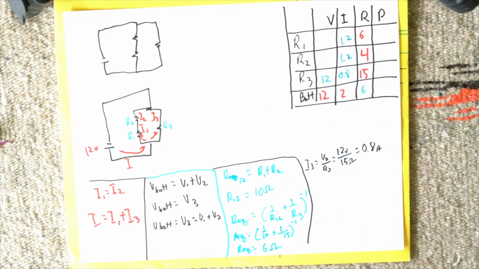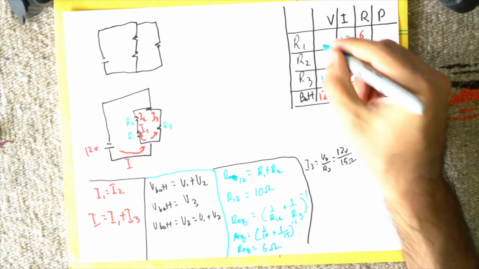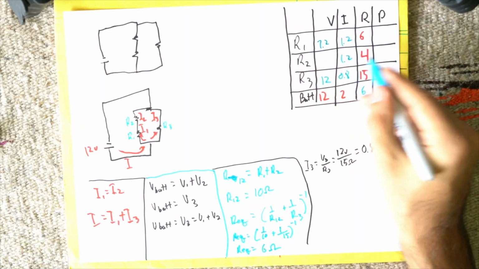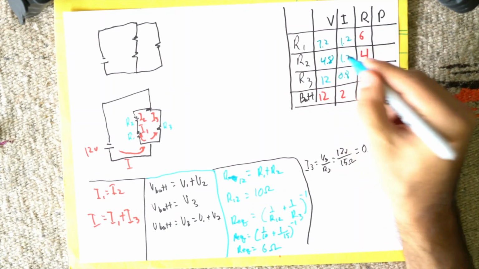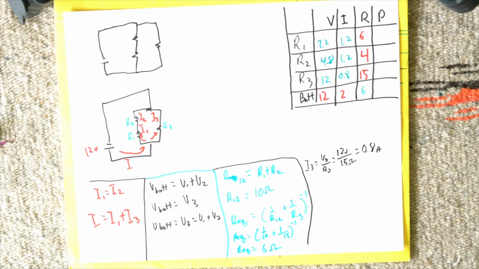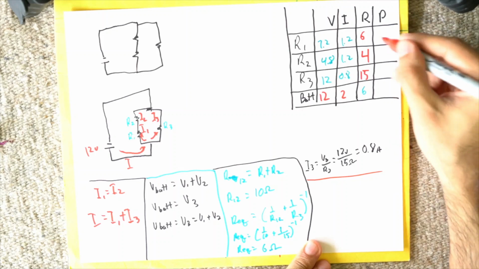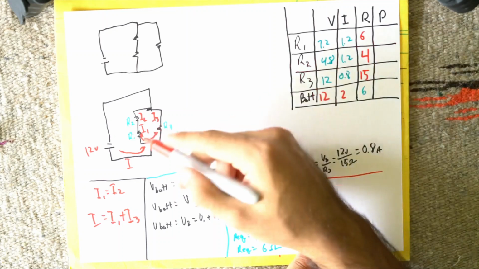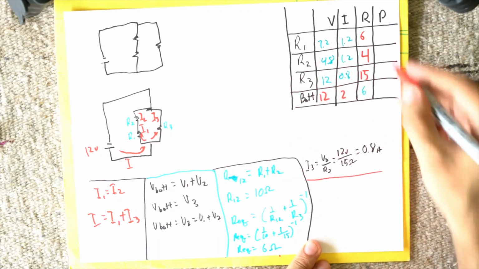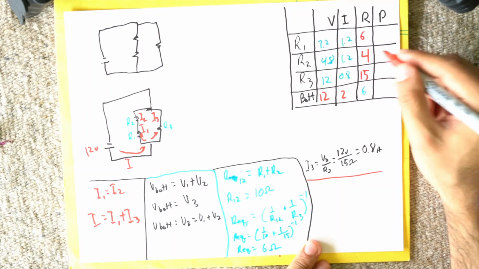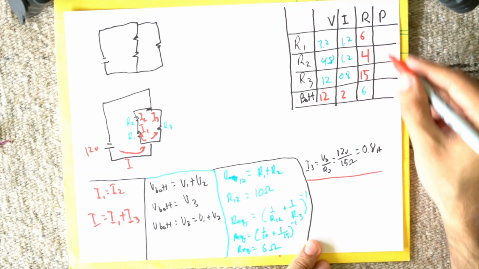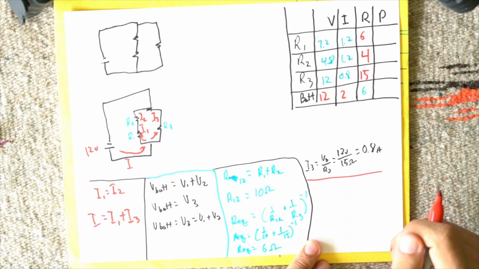Now we can find the voltage. Okay, if we did that, this times this, 7.2, this times this, 4.8. Hopefully that makes sense. Now for the moment of truth, it doesn't matter if it's in parallel or series or anything, all of the power of all of the resistors has to equal the sum of the power coming from the battery.